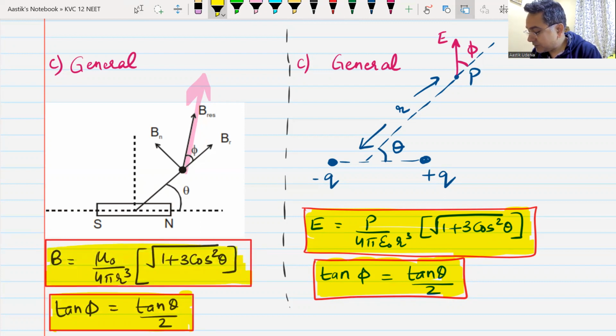This is all about magnetic field that we need to know to start off the proceeding. Everyone has understood what we have done here? Yes or no? Okay, that finishes this class. I hope you have understood. In the next class, we'll go ahead and see what this magnet does.